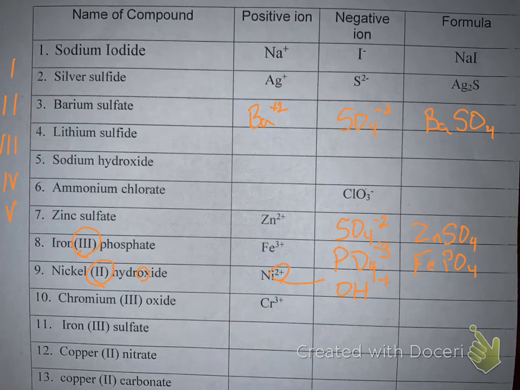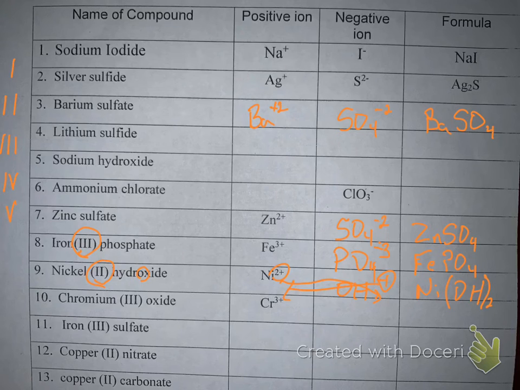I'm going to take the 2 and put it here, the 1 and put it here, and I end up with NiOH, and I'm going to put my 2 here. But the problem is, does my 2 go with the H, or does it go with the O and the H? It goes with the O and the H, and I represent that it goes with both by using parentheses. This tells me that there's 2 OH groups, not 2 H's.